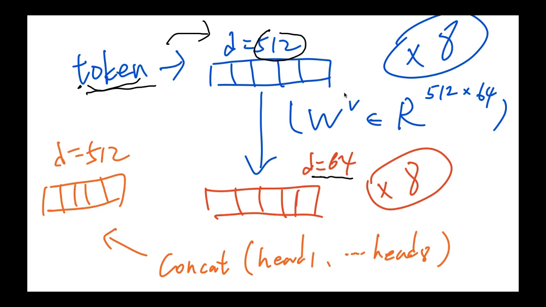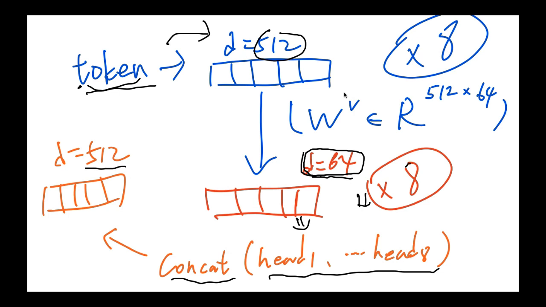Because you have 8 attention heads, you have 8 64-dimensional vectors. Then after the attention layer, you do one operation, which is concatenation. You concatenate all these 8 vectors into one. So you will have 64 times 8, which is 512. So you come back to 512 dimensions after one attention layer.